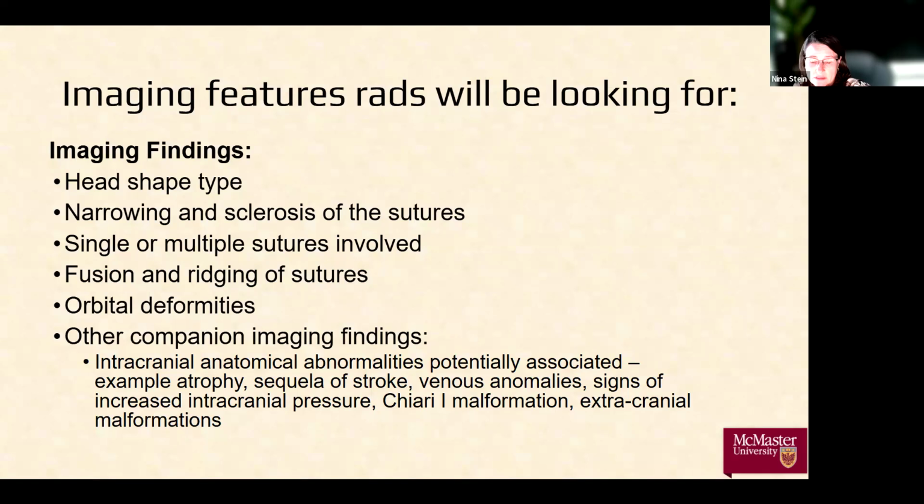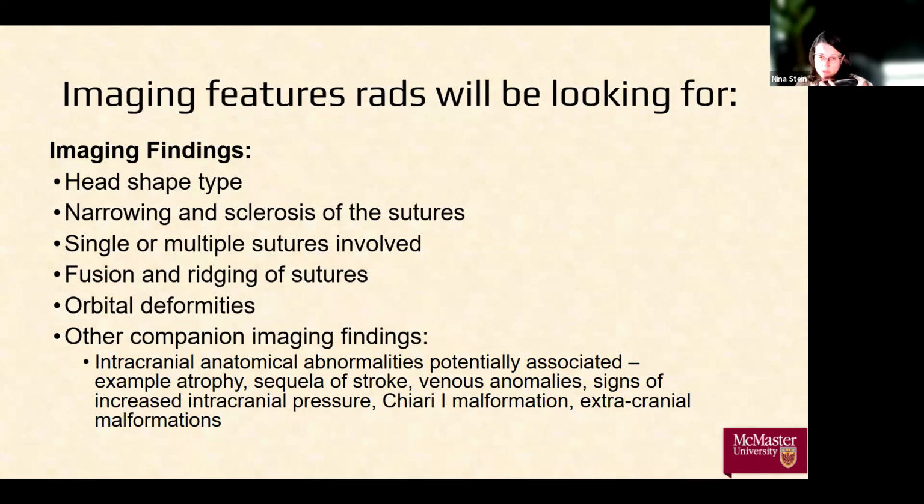In the clinical assessment, you're going to palpate your sutures, you're going to try to find any ridging, any narrowing, any problems in the size of the fontanelles. And on imaging, you're basically trying to assess similar things, but looking at the width of the sutures, if they are completely fused or not, and also if there's any ridging or sclerosis in the margins of the suture.